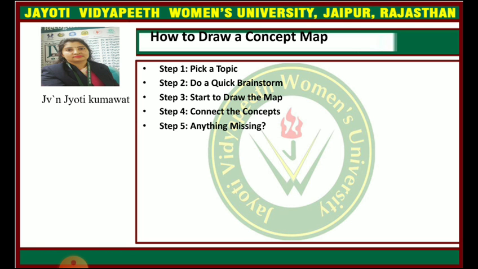As we identify these connections, put down the linking words or phrases to indicate the relationship between the two concepts. Last, anything missing? If you have missed anything in the above steps, then add it to the concept map.